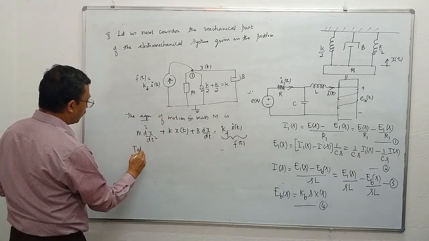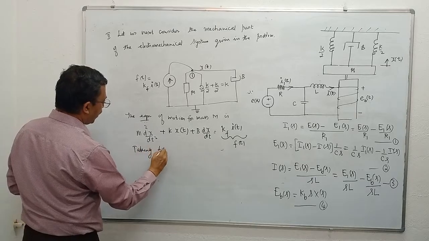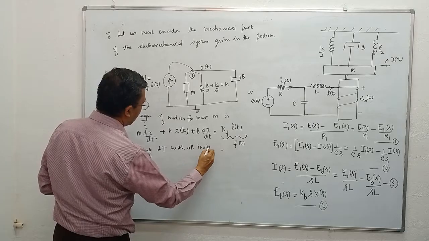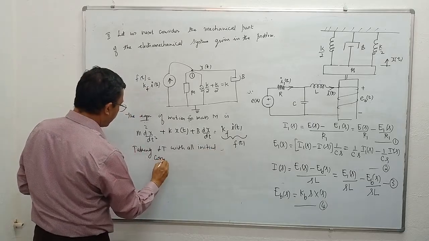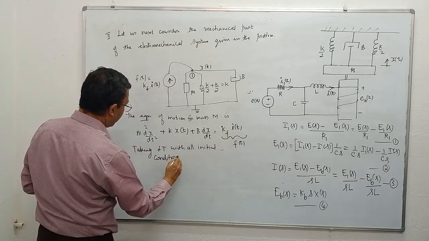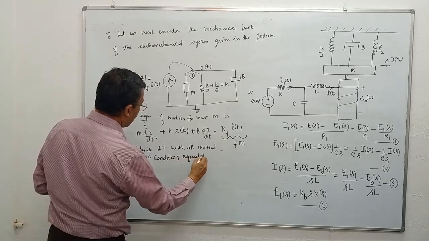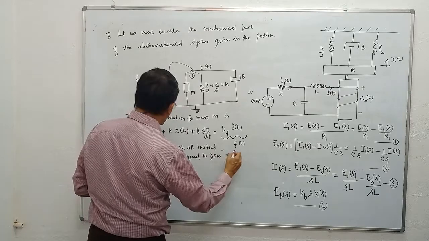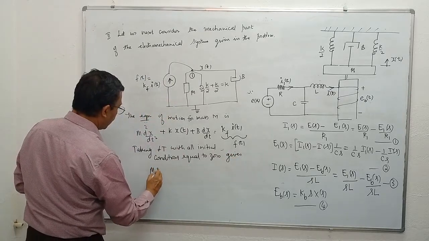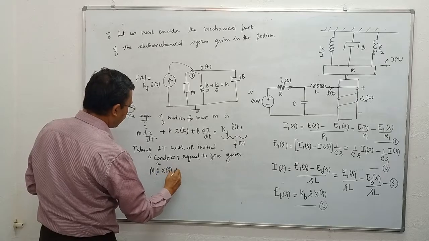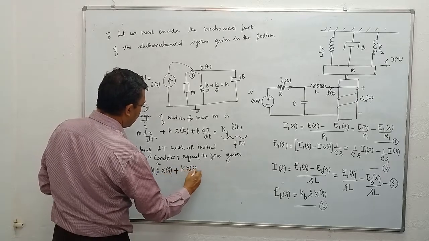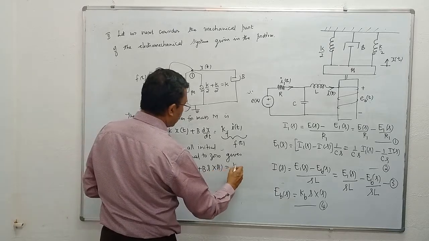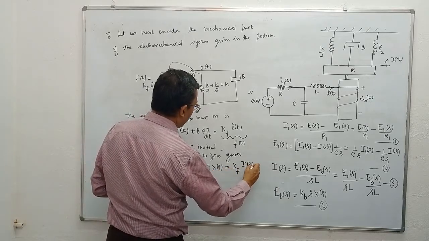Taking Laplace transforms with all initial conditions equal to 0 gives ms square into x of s plus k into x of s plus b into s into x of s is equal to kf into I of s.